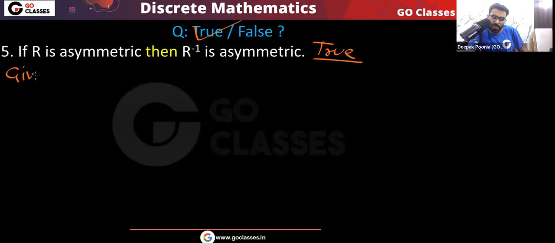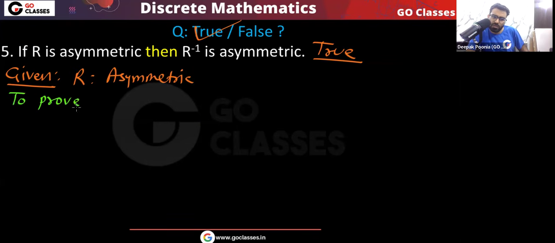This is given to you. And what we need to prove? We need to prove that R inverse will be asymmetric.